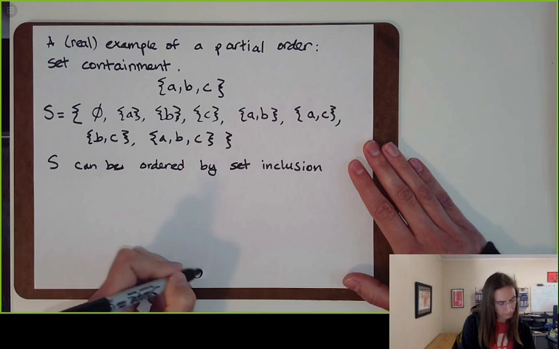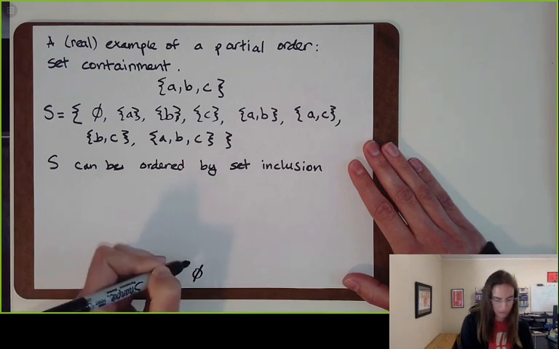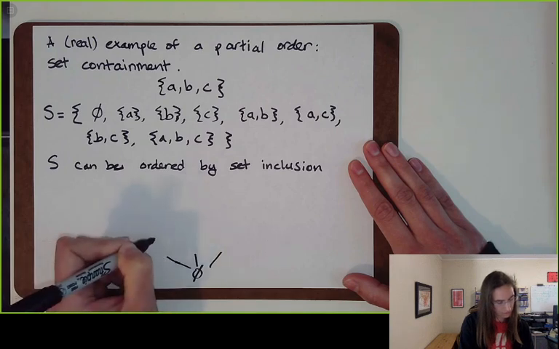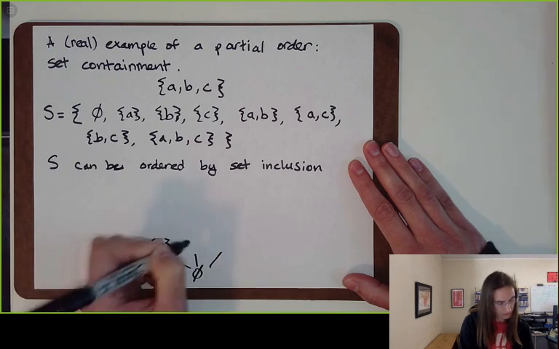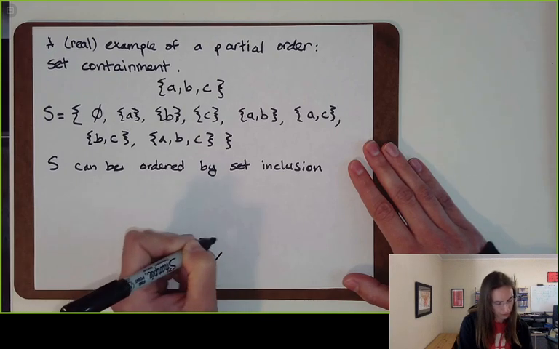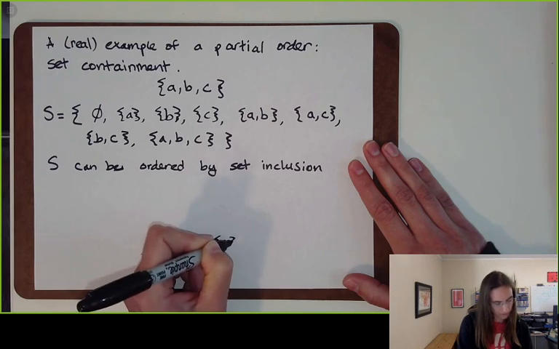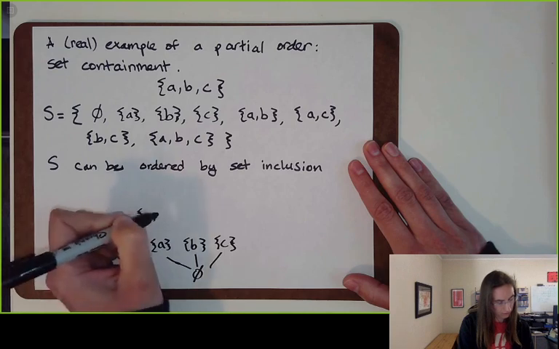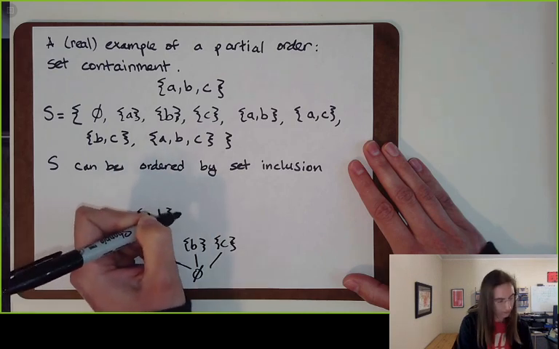So at the bottom, you've got the empty set. One level up from that, you've got the sets containing A, B, and C. Above that, you have the two element sets.